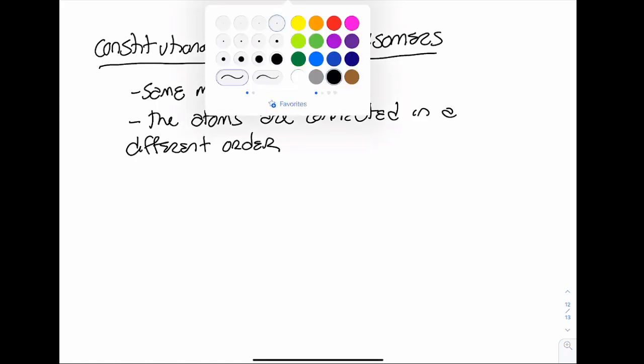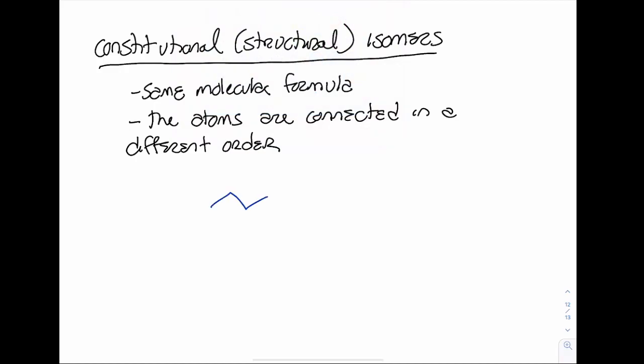In the example, I have butane. Or we can look at 2-methylpropane, right? Both of them are C4H10, if you were to count the hydrogens or use your formula for saturation, right? CnH2n plus 2.